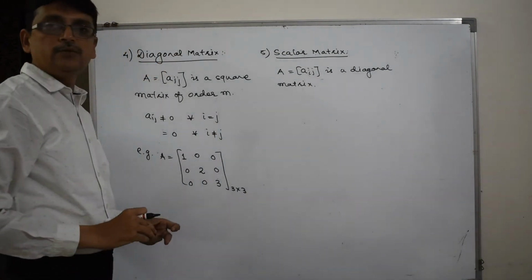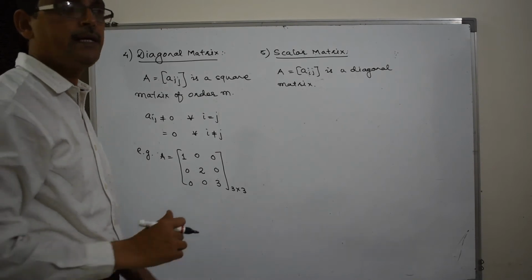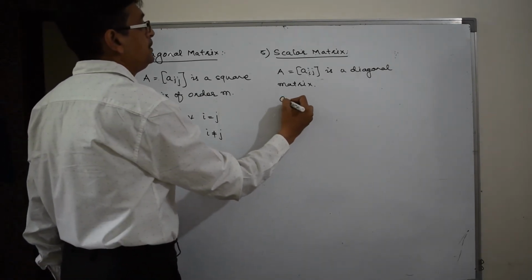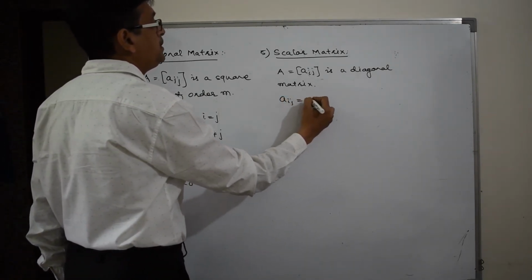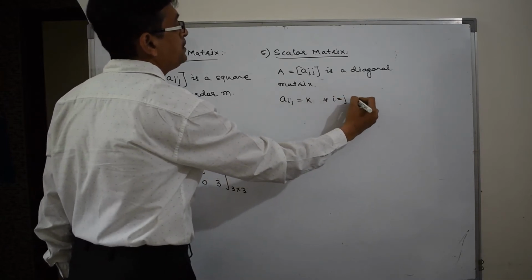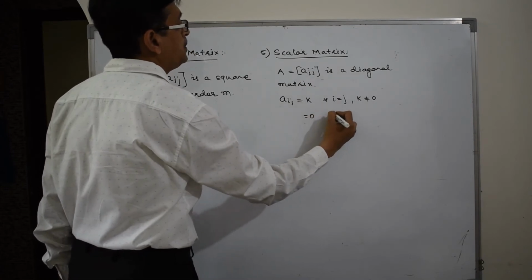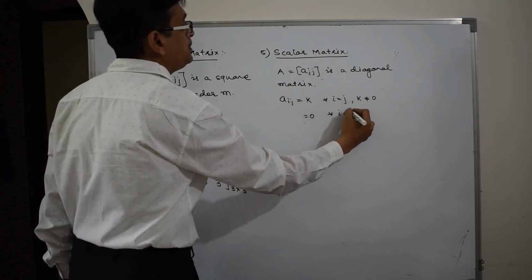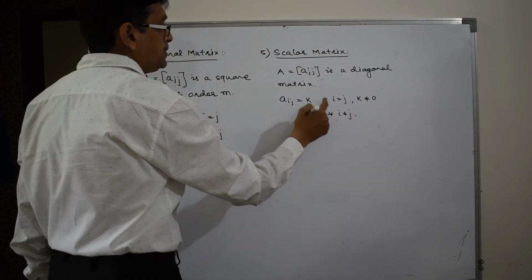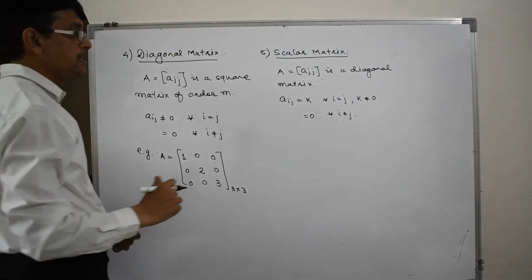And this is said to be a scalar matrix if all the diagonal elements are equal. So Aij is equal to k for all i equal to j, obviously k different from 0, and 0 for all i not equal to j. So this matrix is called a scalar matrix. This is the definition of scalar matrix.